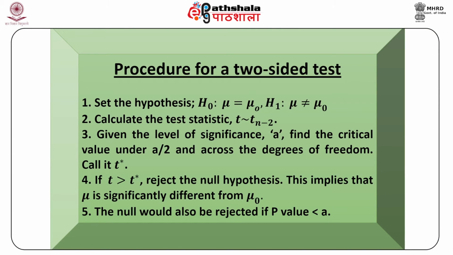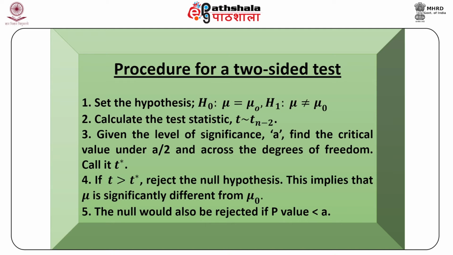The procedure for a two-sided test is as follows. For a two-sided test, your first step is to set the hypothesis, the null hypothesis as mu equal to mu 0, and an alternative hypothesis as mu not equal to mu 0. Then calculate the test statistic T, which is distributed as T with n minus 2 degrees of freedom. The third step is, given the level of significance alpha, find the critical value under alpha by 2 and across the degrees of freedom.